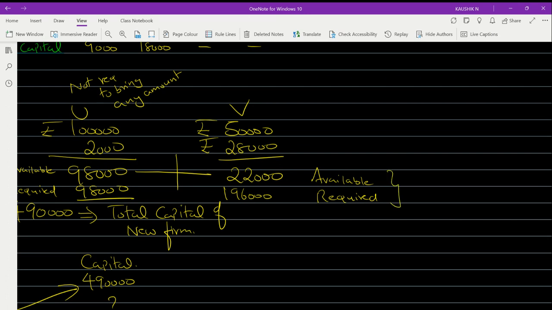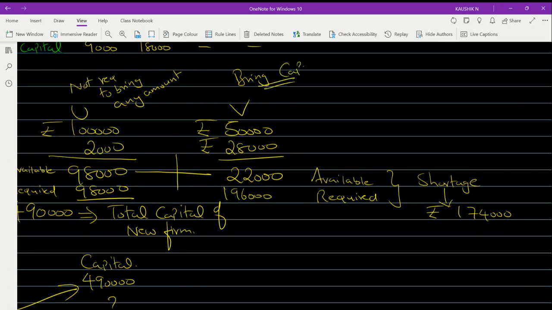So that means in this case you have a shortage. What is the shortage amount? Calculate. Rupees 1 lakh 74,000.